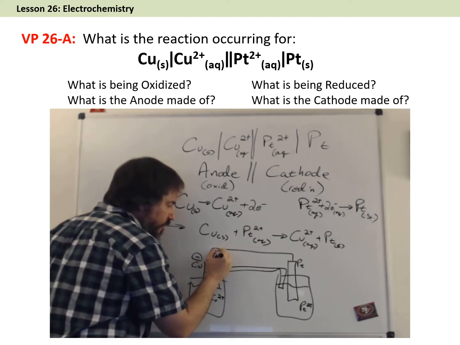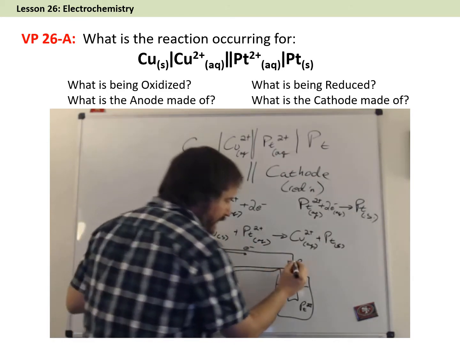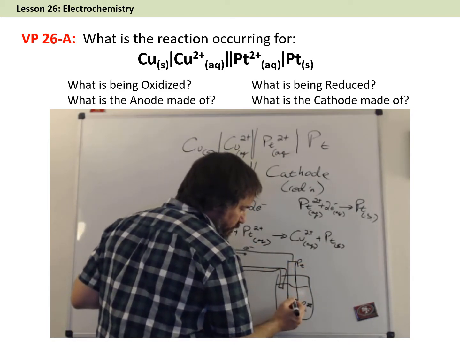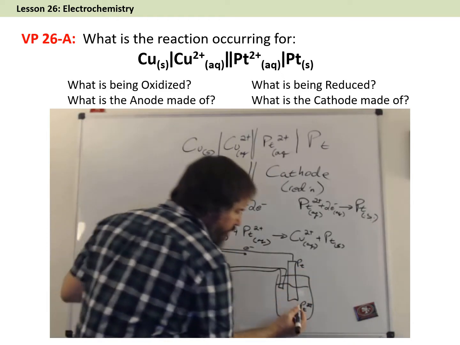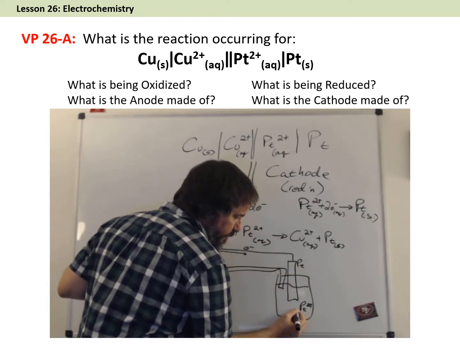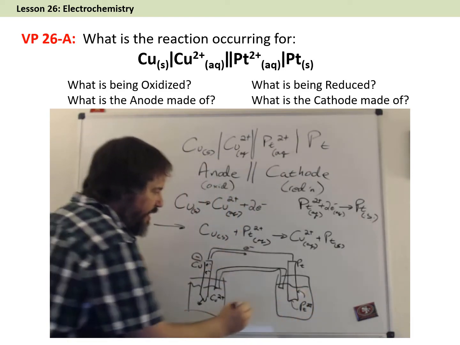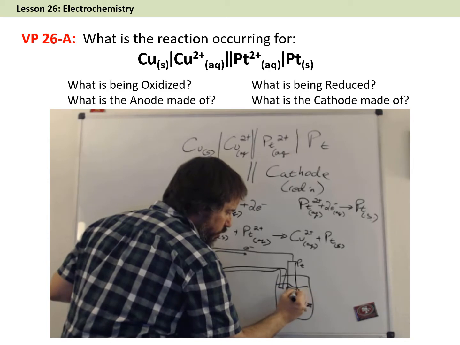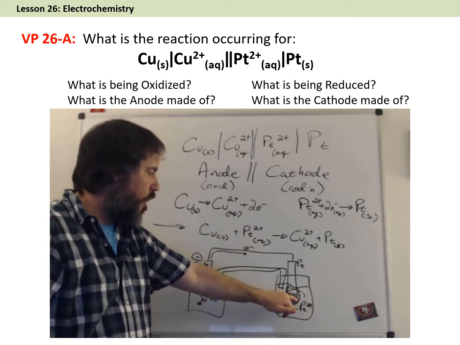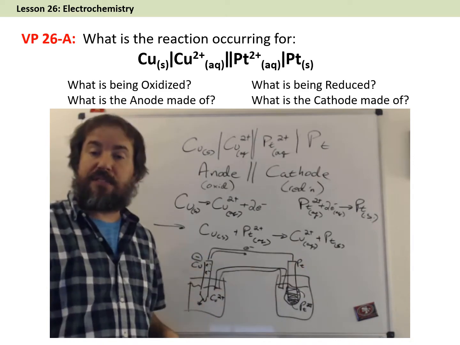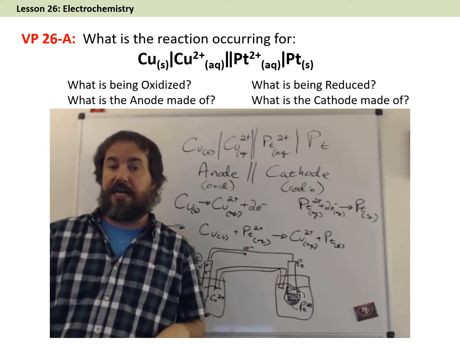These electrons can go through here to the platinum, and they are going to combine with the platinum 2 plus to form platinum. So over time, this is going to shrink, and this is going to grow as we form that platinum solid. This is a voltaic cell.